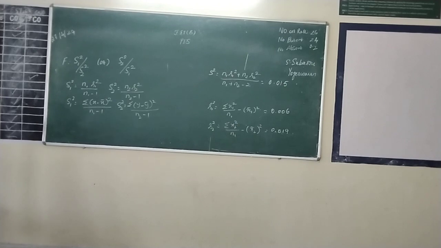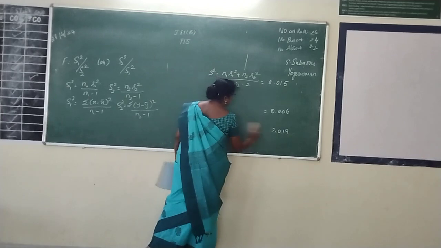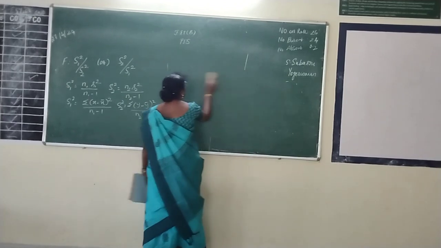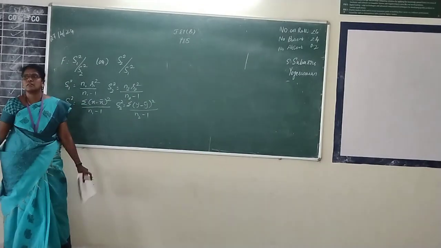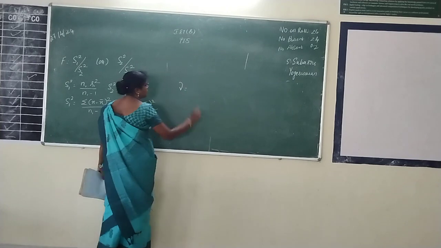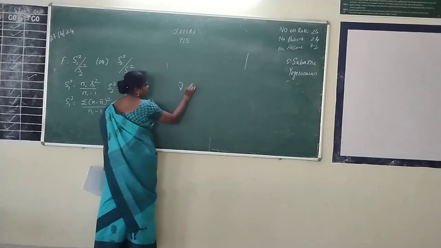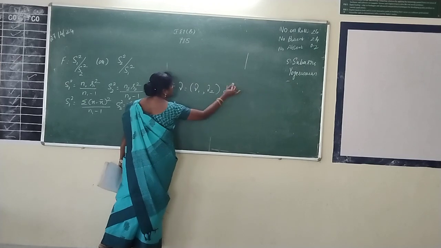Next line. This statistic follows F distribution with nu equal to nu1 comma nu2 degrees of freedom.